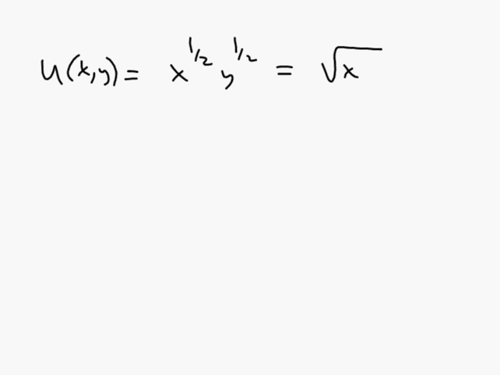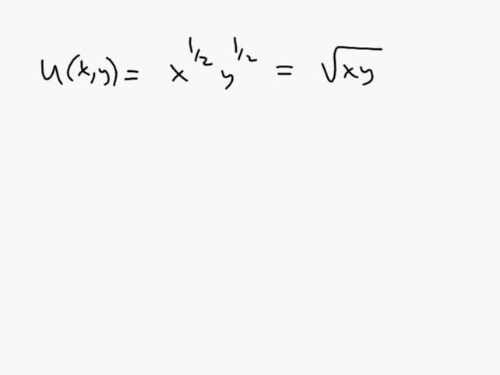So let's pretend u of x comma y is equal to x to the 1/2, y to the 1/2. Okay, so this is an example of a utility curve. You could have written this as x times y to the 1/2 power, the square root of x times y.